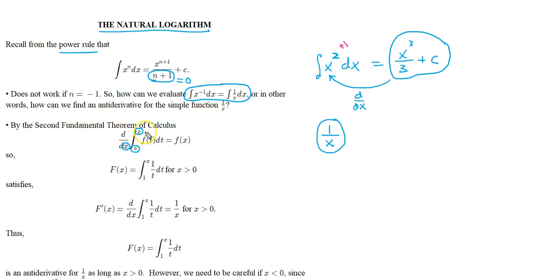So anyway, we have that the derivative of this function right here by the second fundamental theorem of calculus is just f of x. So we just replace the t in here with an x.